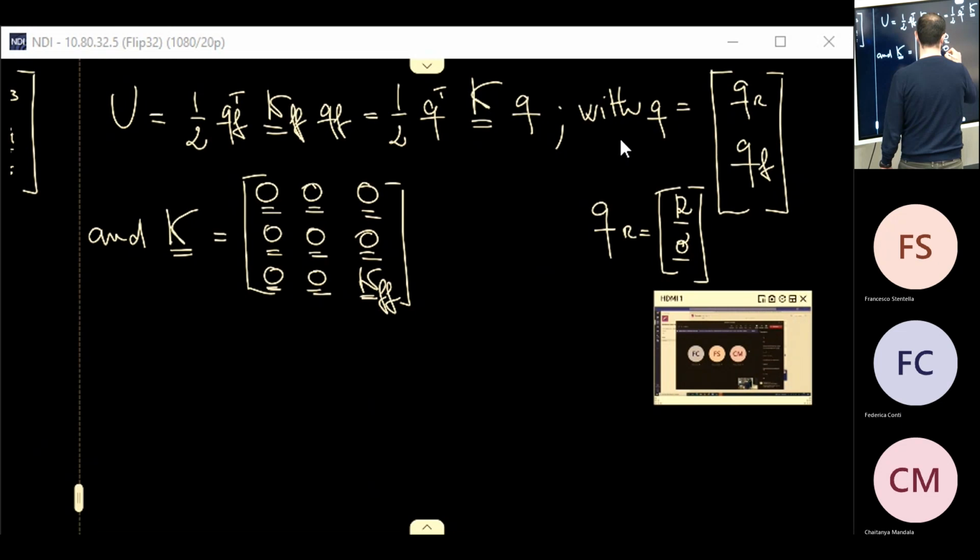Because you remember that the structural stiffness matrix, KFF, is positive definite. It's never singular. While, of course, as you can see, this one is always singular, because it encompasses the rigid motions, both in translation and rotation.